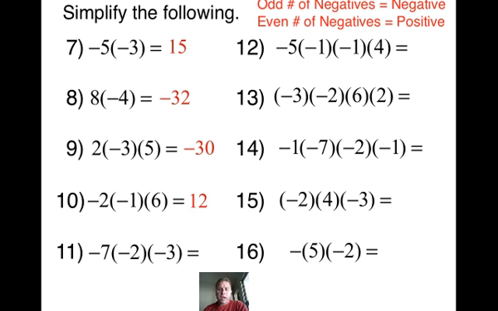Number 11. How many negatives do you see there? Hopefully you said 3. I've got negative 7 times negative 2 times negative 3. 3 negatives. 3 is an odd number, so that means my answer is going to be negative, so I can put the negative sign, and then I'm just going to do my multiplication. Now I'm going to get a little ahead of ourselves here, and I'm going to use commutative property of multiplication.